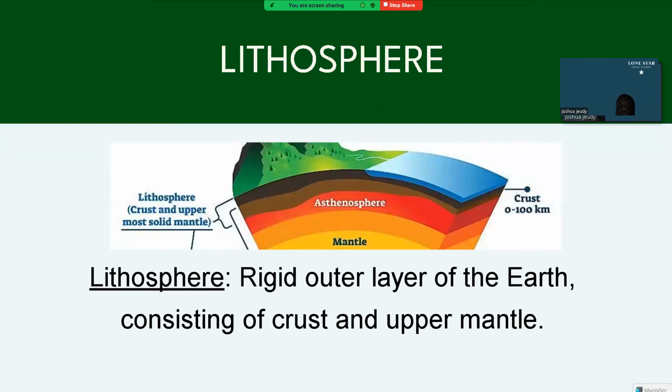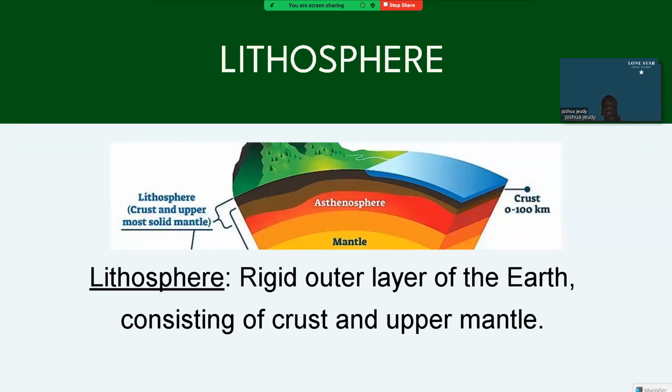Next, we have to understand the lithosphere. Now, the lithosphere is pretty much that top layer of crust, going all the way down to that top layer of the mantle. Those two sections are essential for us to understand what exactly is going on in regards to tectonic plates and how they play a role in our world.